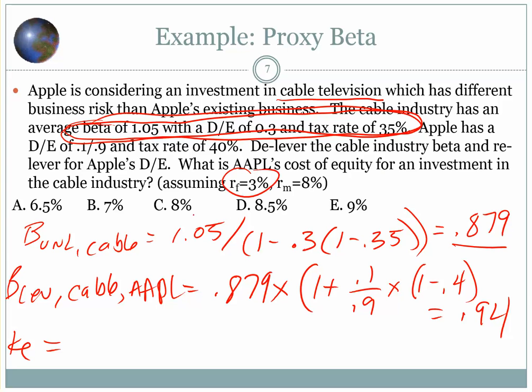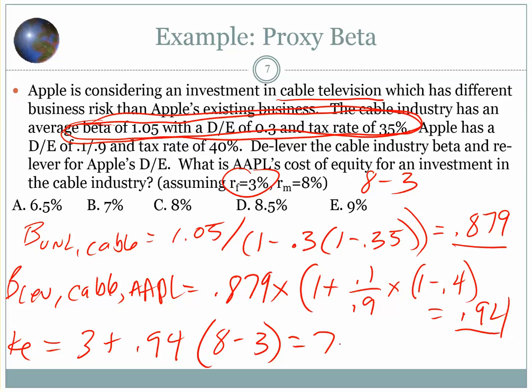The risk-free rate is 3%. The market risk premium in this case is 8 minus 3, and the beta is 0.94. So it would be 0.94 times the market risk premium of 8 minus 3, or 5. And I get a 7.7% cost of equity, which rounds up to 8 in this example. And I'd use that to calculate the NPV and WACC of the cable investment.